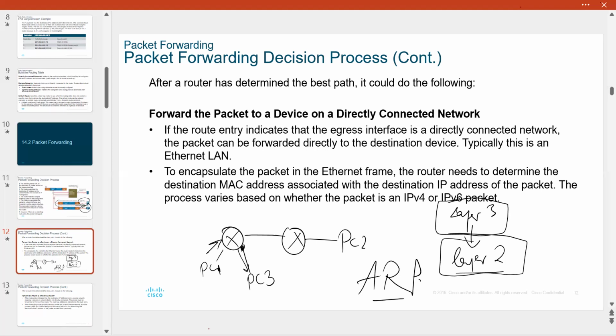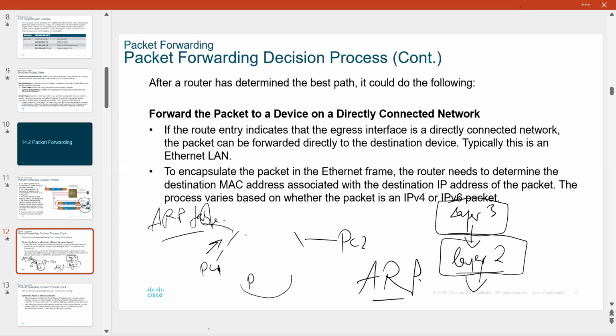So at this stage, the router looks at its ARP table or cache, searching for a particular IP address and what its MAC address is. If it's not there, an ARP request is sent as a broadcast, and PC3 responds with its MAC address. Once we know the MAC address, we can encapsulate at layer 2, putting in the source MAC and destination MAC so that our device receives its information.